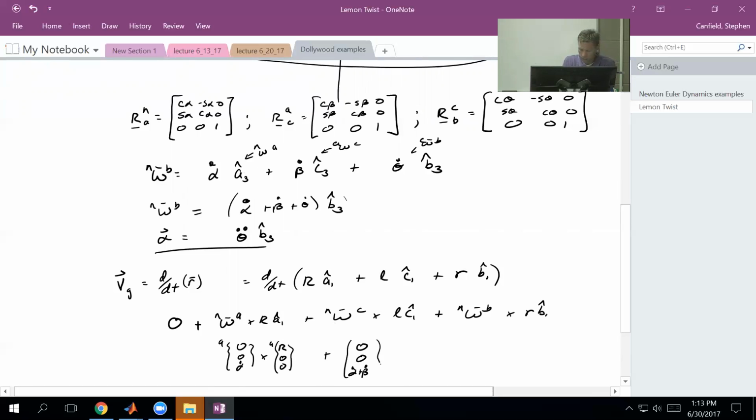In this case, again, everything that's in the 3 direction is common, crossed with L, 0, 0, on the C. And then finally, I get my 0, 0, alpha dot plus beta dot plus theta dot crossed with r, 0, 0. This is in the B direction.